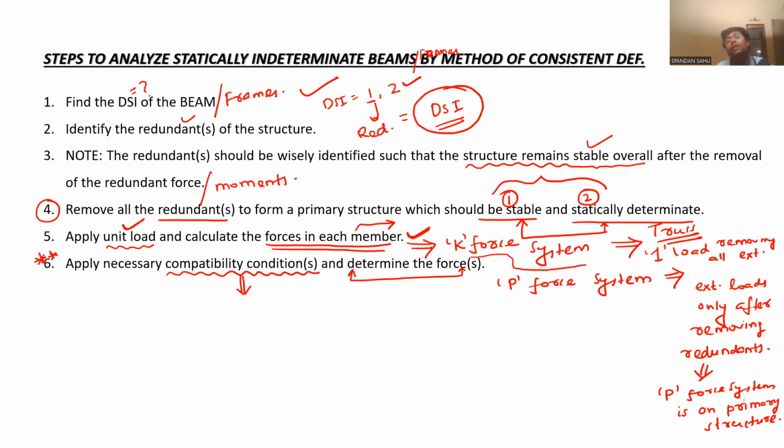Why statically determinate? Because those two forces will act as external loads. Means initially it was a reaction that you didn't know. Now, using the compatibility condition and analyzing by the method of consistent deformation, you got those values equal to the DSI of the structure. If DSI is 2 or 1, you got 2 or 1 unknown forces. Now, if you know the value, the entire structure becomes statically determinate.